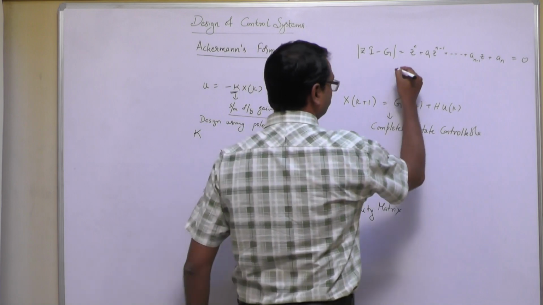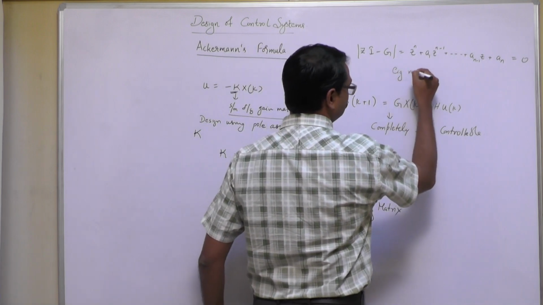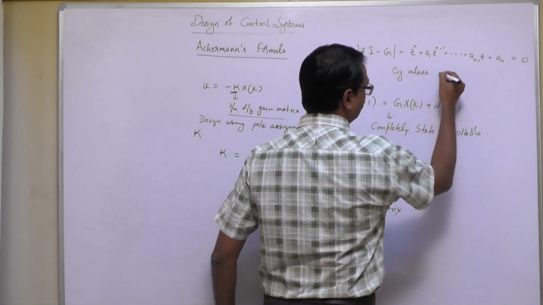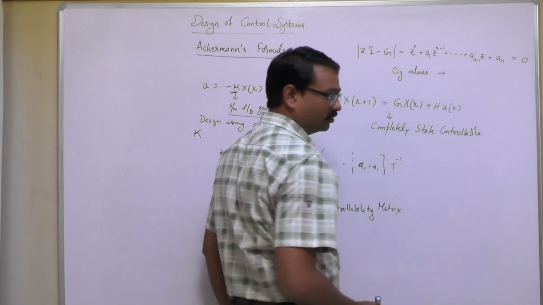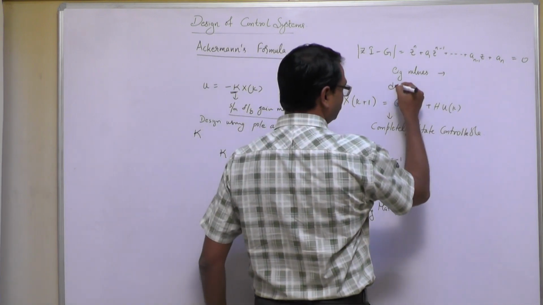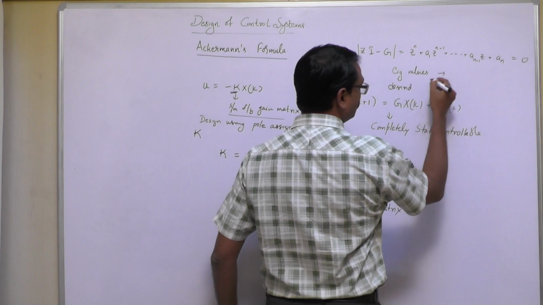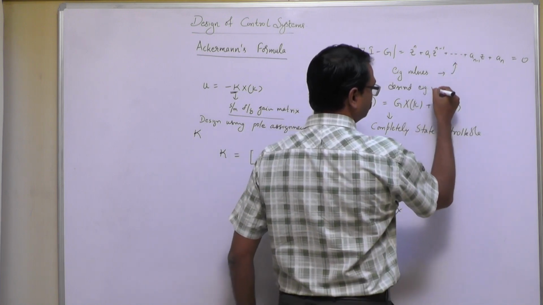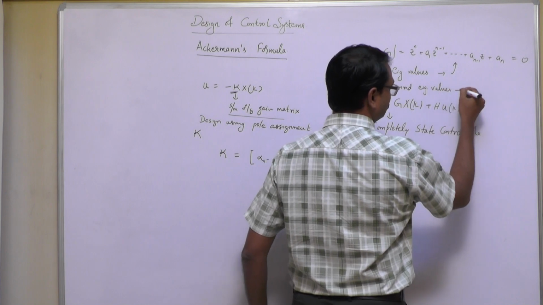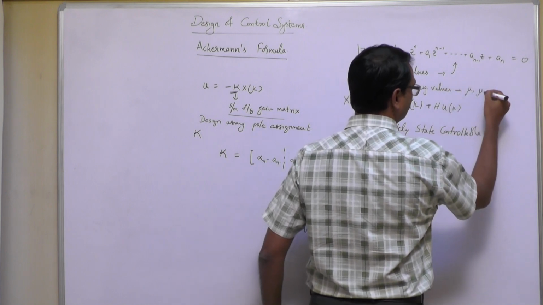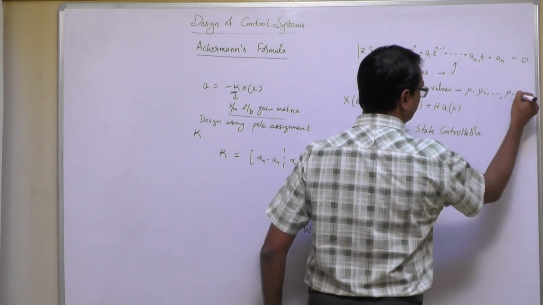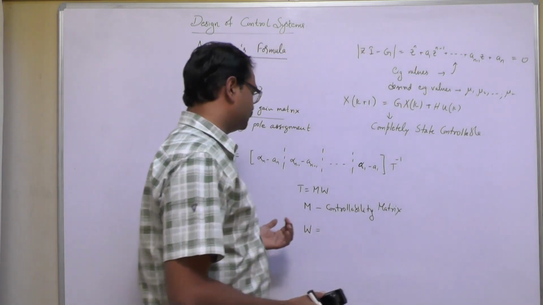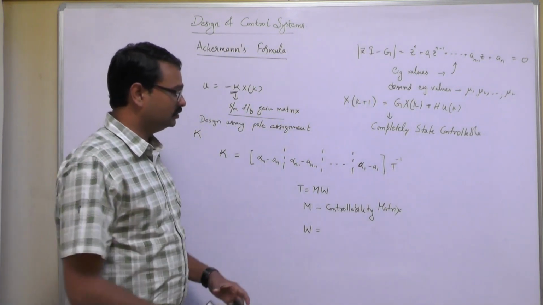The eigenvalues of this are found, and the desired eigenvalues we have chosen to be some other variables, say mu1, mu2, up to mu n.